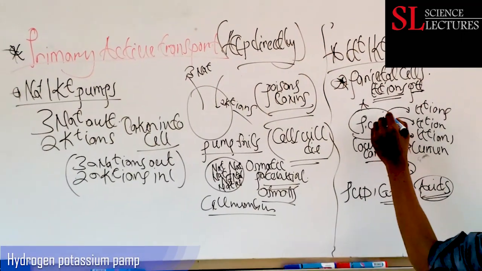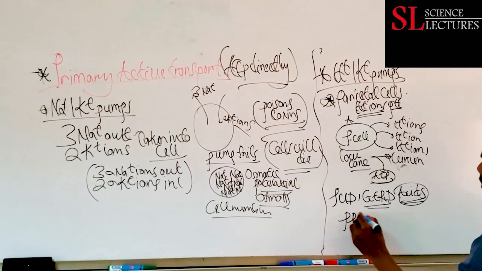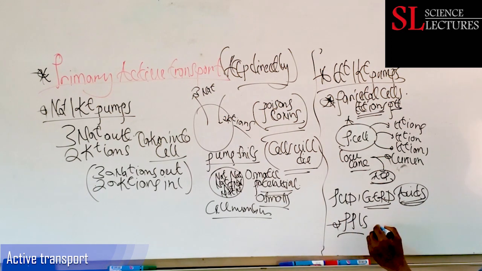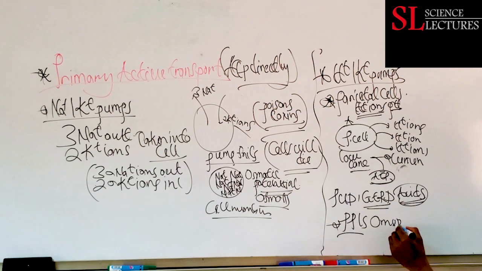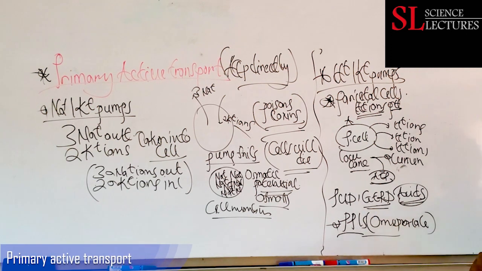And drugs that inhibit the working of this pump, called proton pump inhibitors or PPIs, like omeprazole, will work by inhibiting these pumps.